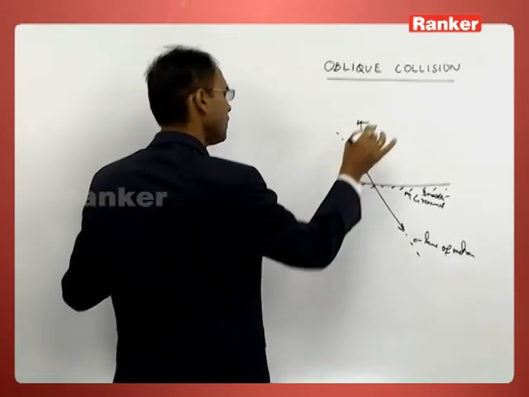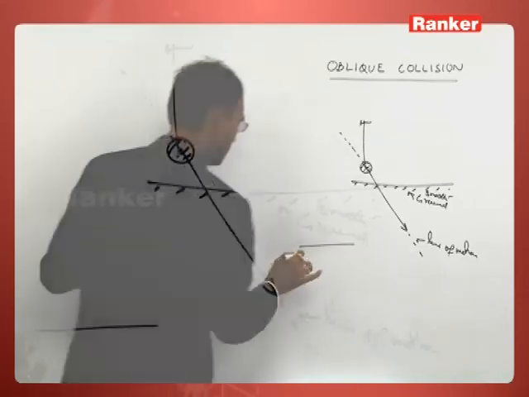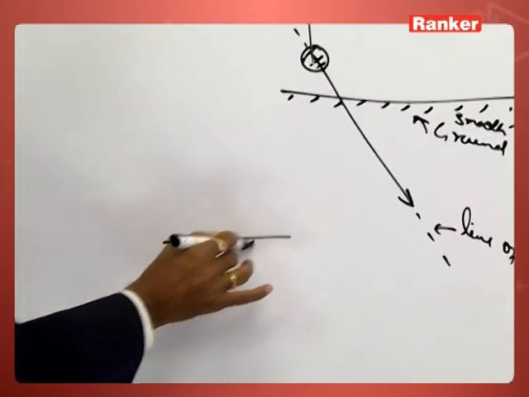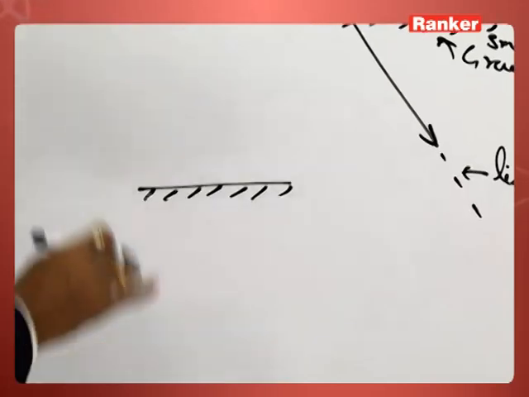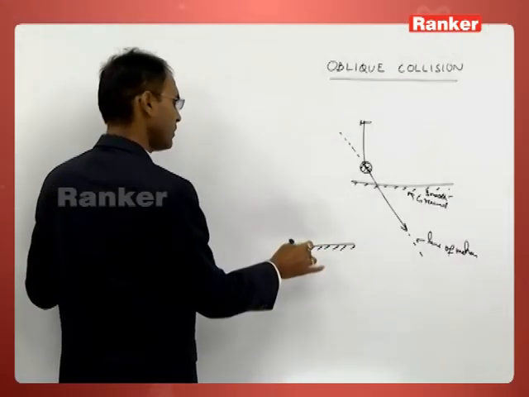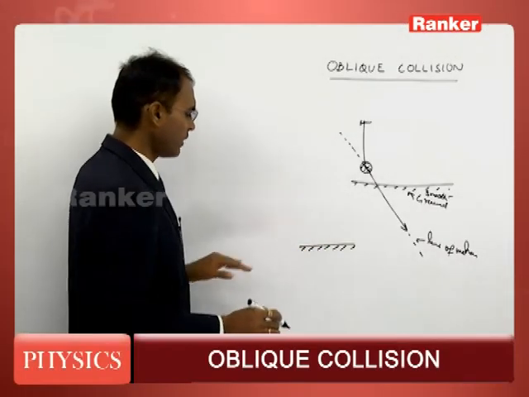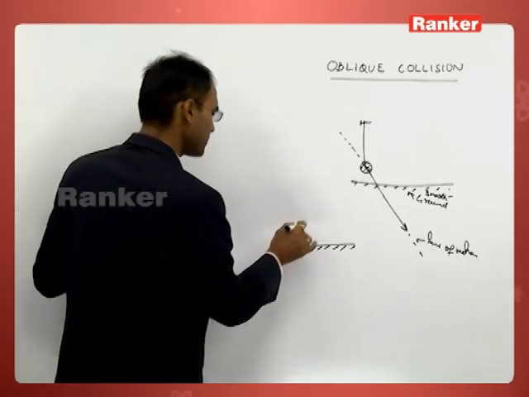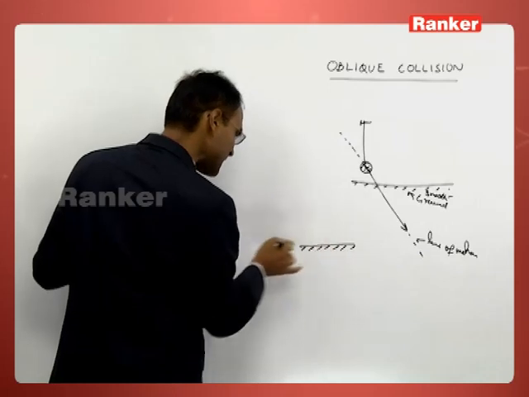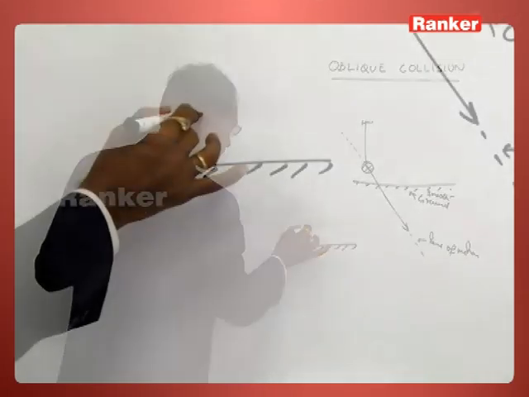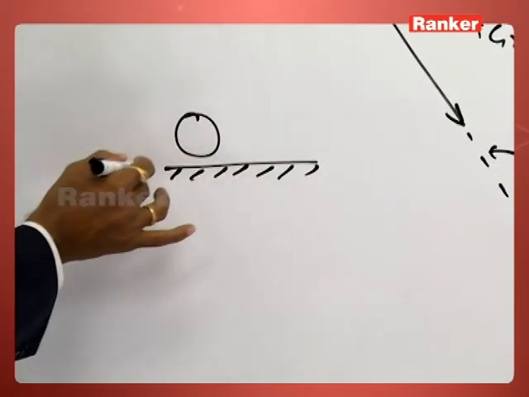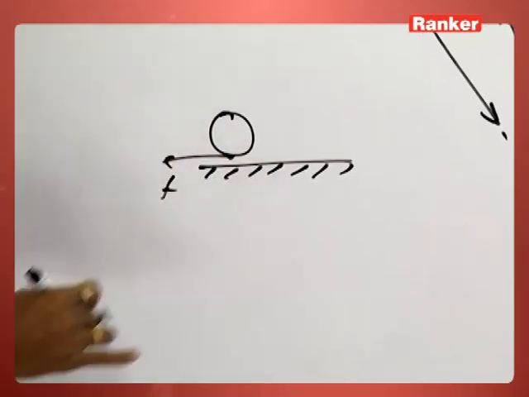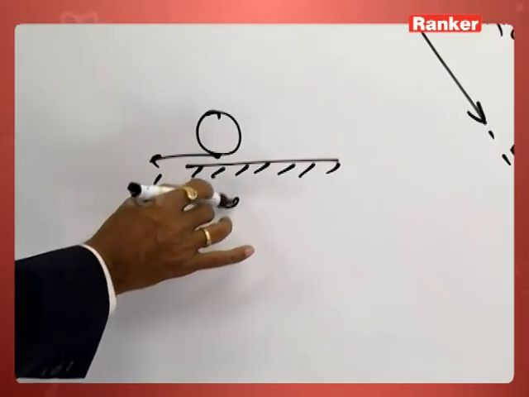Only normal reaction will come into play, and if both the surfaces are rough, if one surface is rough and the other is smooth, no friction will come into play because frictional force is a tangential contact force. The frictional force prevails along the tangent.